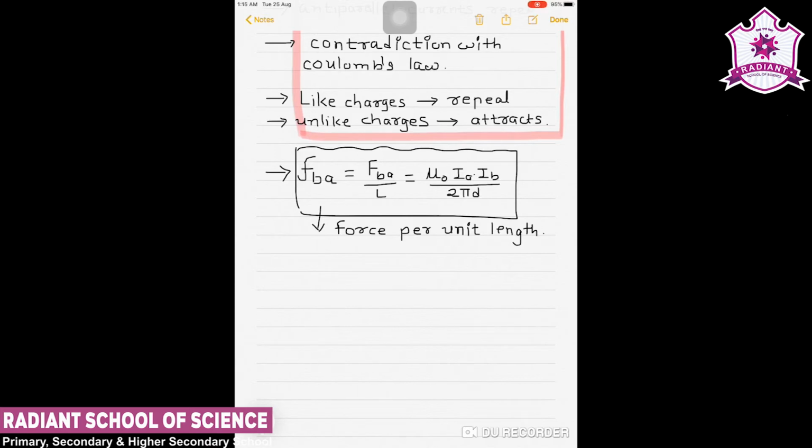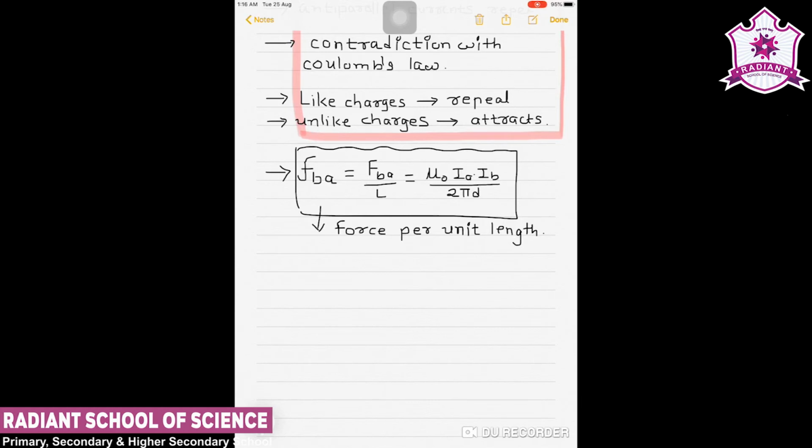It is given that the ampere is the value of the steady current which, when maintained in each of two very long straight parallel conductors of negligible cross section, see, here it is very important to write this condition, that is, two conductors must be of very large length and have negligible cross section, and placed 1 meter apart in vacuum.